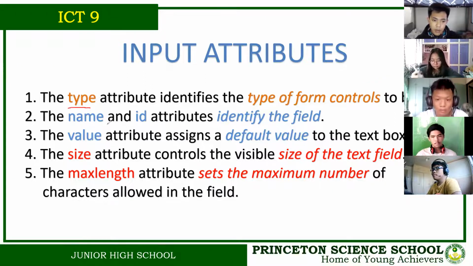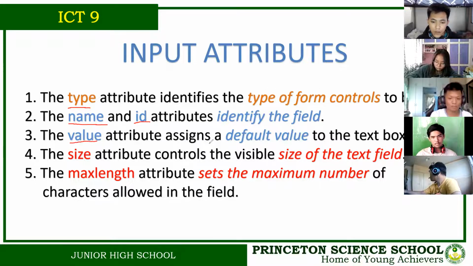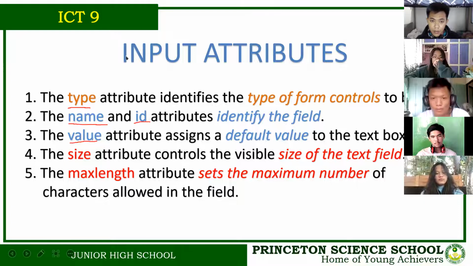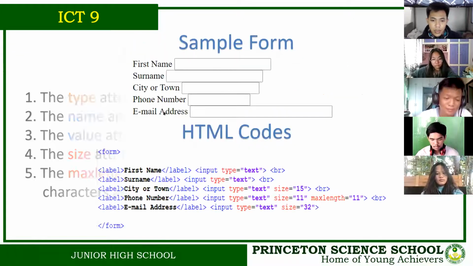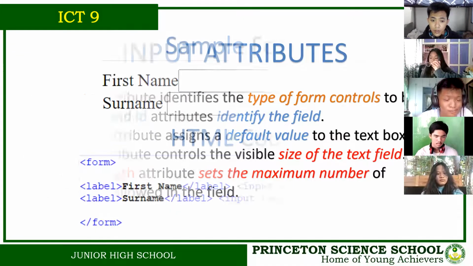So we have type, name and ID, and then the value. So the value attribute assigns a default value to the text box. Okay, so if you have your text box, there is already a value inside or something written already inside, right? So if you can remember earlier, we have our examples, right? Those examples, which one was the one that has the default value?